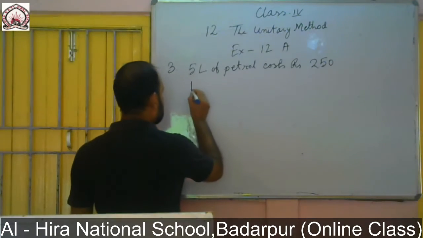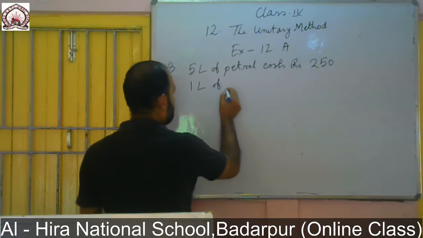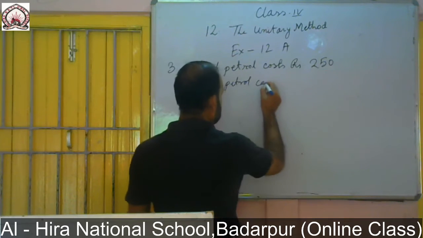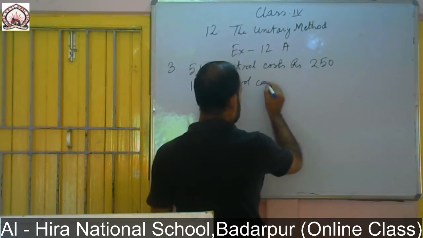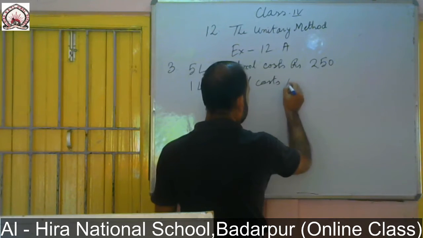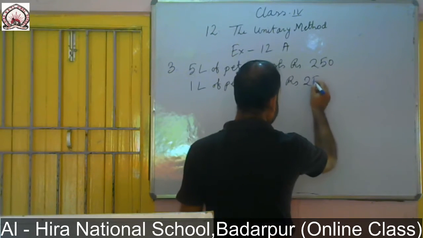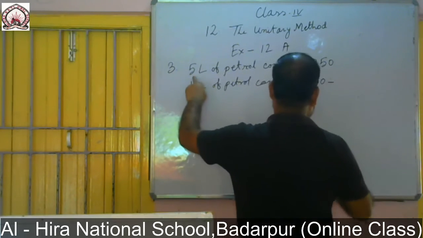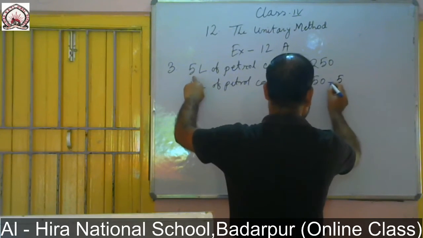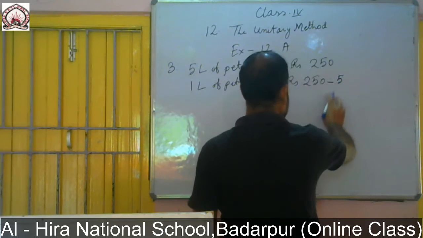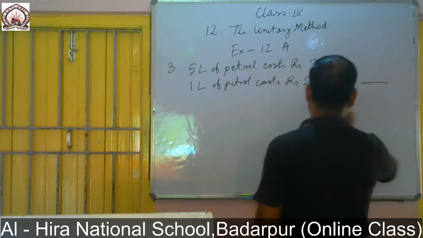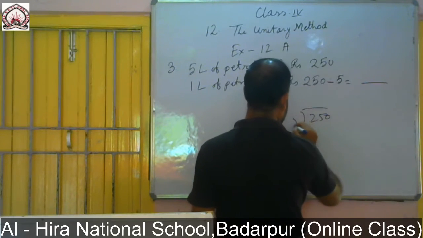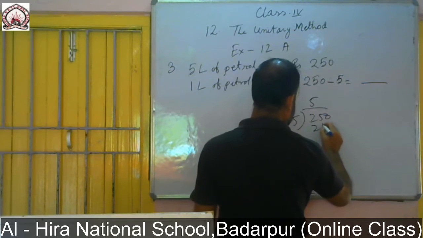So 1 liter of petrol cost rupees 250 divided by 5. 250 divided by 5. 5 5 ja 25.